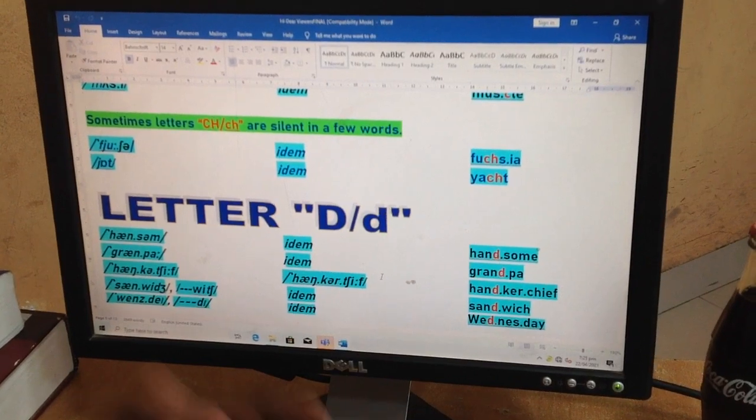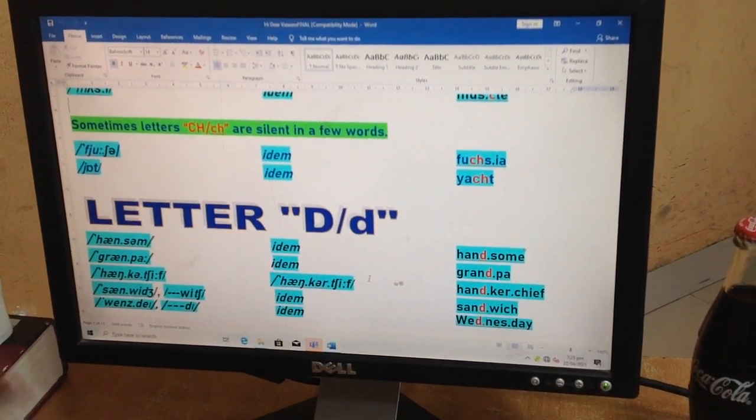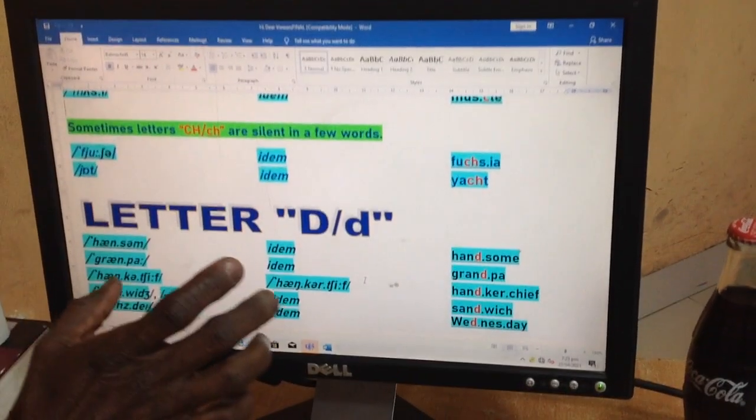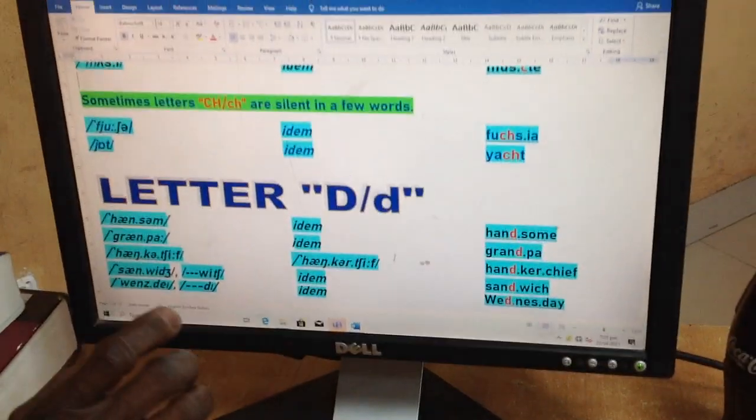You see, we have said that when you want to buy a dictionary, it should have the entries in syllabic parts as well as the phonetic transcription, the pronunciation. Failure to do that, you will be impeded in your daily usage of the English language. You will be finding a lot of problems.